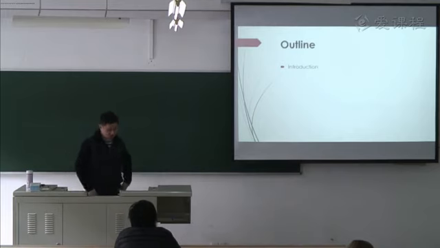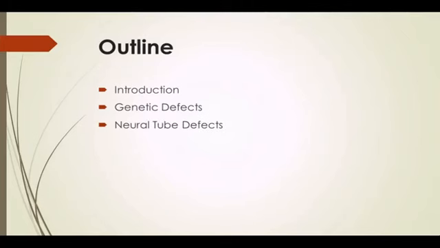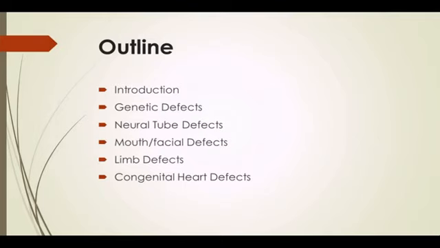After the introduction, we will go into details about each type of birth defect, I mean the most common types. For example, genetic defects, neural tube defects, mouth facial defects, limb defects, congenital heart defects, and finally, I will give you a summary of today's talk.